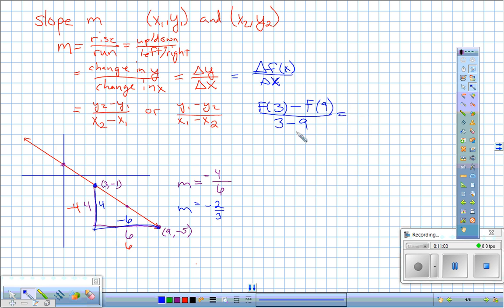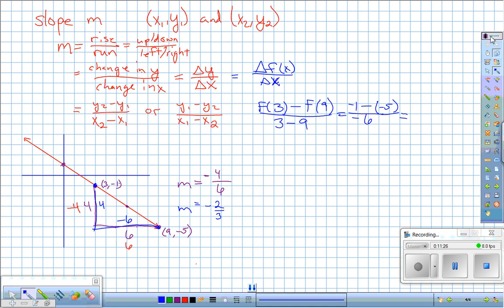Okay, well 3 minus 9 on the bottom is going to give us -6. The function value at 3 is -1. So I have -1 minus the function value at 9, which is -5. So I put that in parentheses to keep track of my negative signs. So I have -1 minus -5, which will become -1 plus 5, which will be -6.